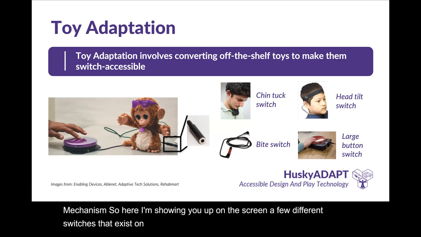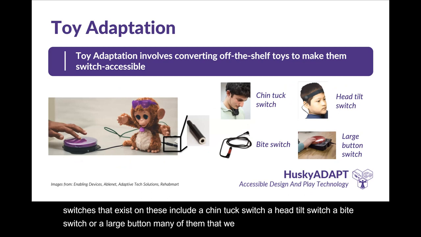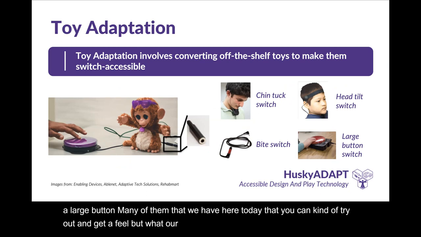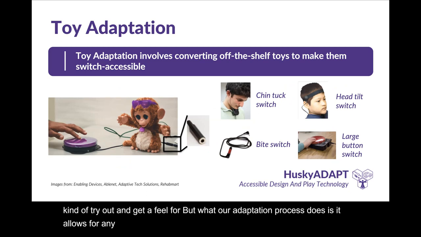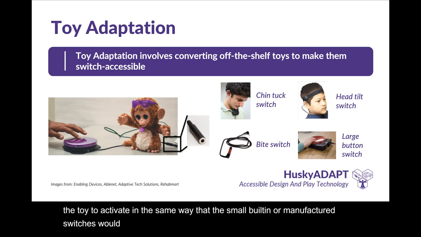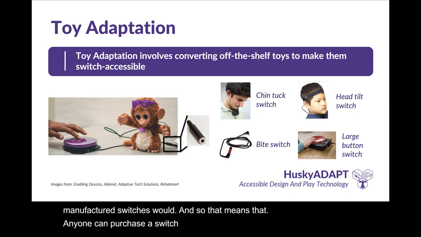These include a chin tuck switch, a head tilt switch, a bite switch, or a large button, many of which we have here today that you can try out and get a feel for. Our adaptation process allows any of those buttons to be plugged into the toy and cause it to activate in the same way that the small built-in manufactured switches would. And so that means anyone can purchase a switch that meets their needs and play with that toy.